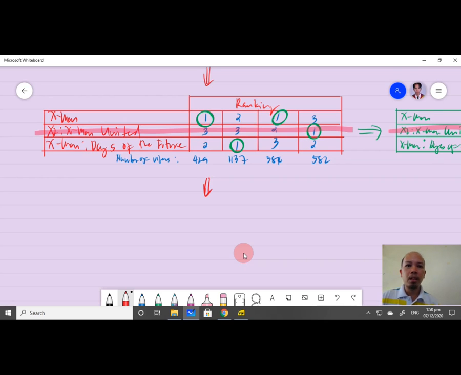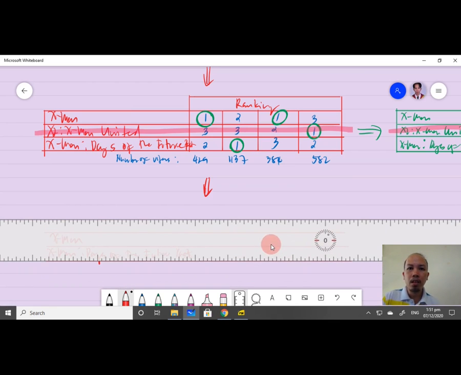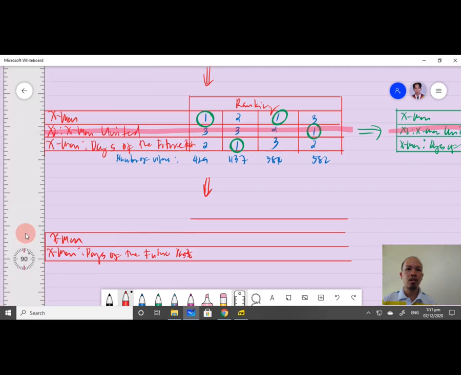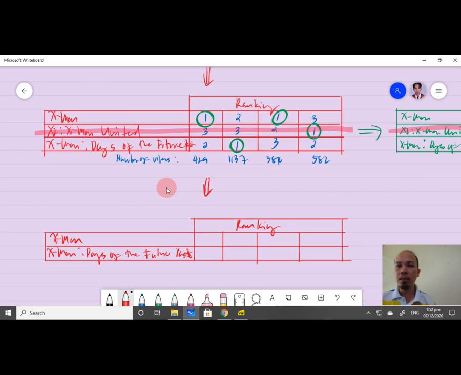Let's make again a table for X-Men and X-Men Days of the Future Past. I think I missed something here, so let's make a table again. One will be fixed. From here we have 1 2.